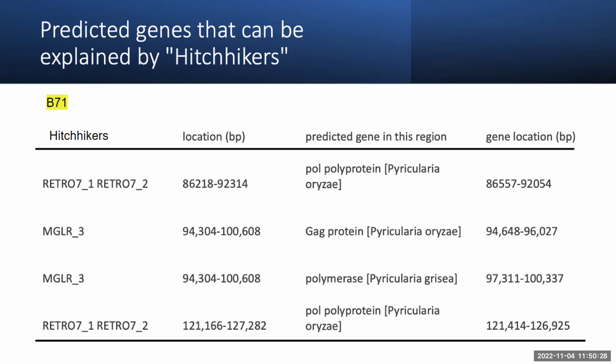Anyways, Retro 7-1 and Retro 2 were explaining the pol proteins in specific genomes, B71. MGLR is another transposon that explained a GAG protein in the genomes, and MGLR3 was also explaining a polymerase, and then the Retro 7, 1, and 2 explains pol proteins.